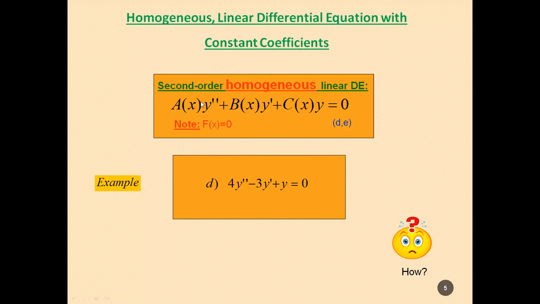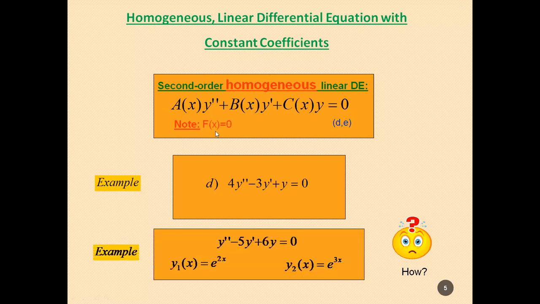So this should be only constants, okay? No functions of x for the coefficient of the unknown function and its derivatives. Now, this one is a homogeneous second order, higher order differential equation which is linear and which has constant coefficients.